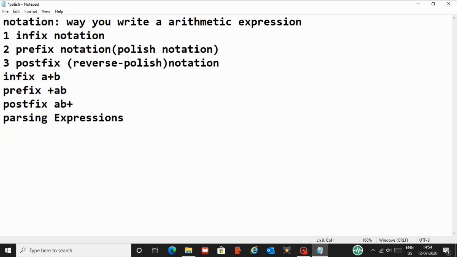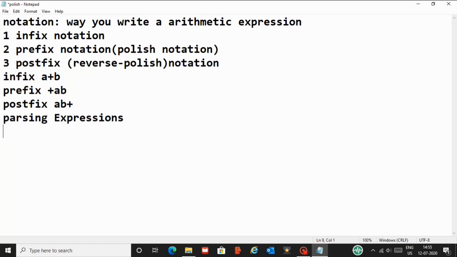As we discussed, it is very difficult and not very efficient to design an algorithm or write a program to parse infix notations, because it is more complex in terms of space and time.